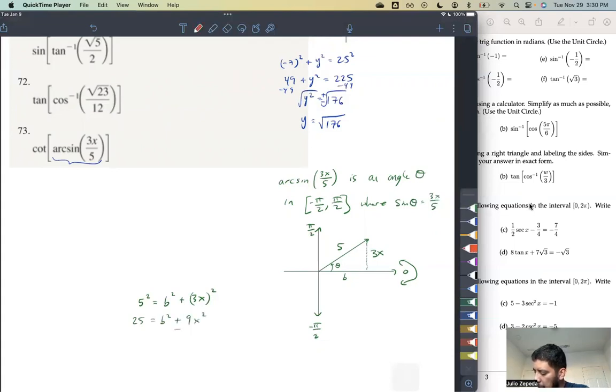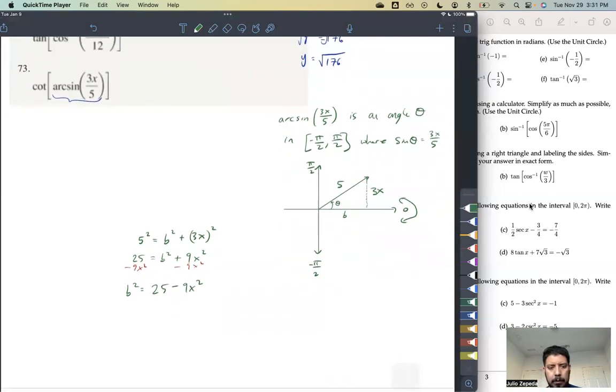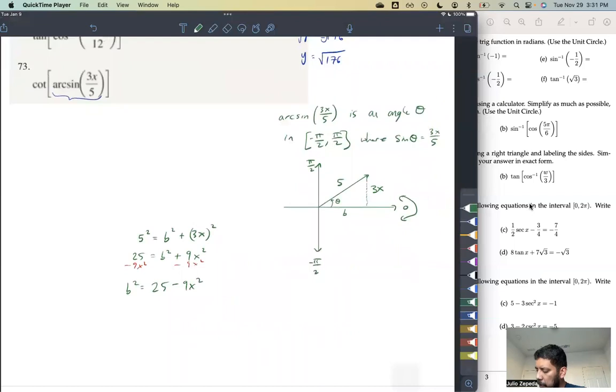If we subtract 9x squared from both sides, then we get, I'm going to flip things around here, b squared equals 25 minus 9x squared, and then take the square root. b is equal to, officially here there's a plus or minus sign, there's two solutions, positive and negative square root.